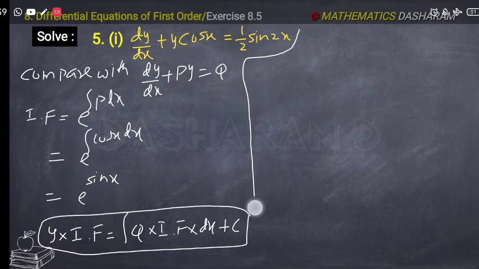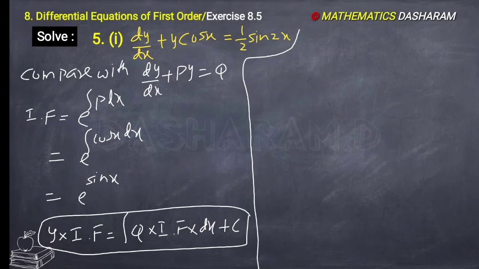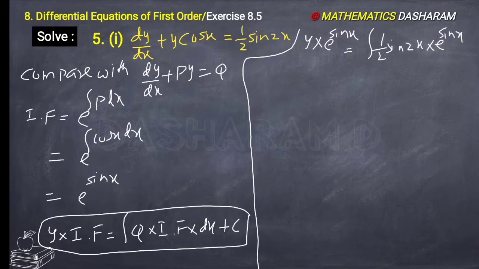So to find its answer, here y into the integrating factor e to the power of sin x equals integration q value 1 by 2 into sin 2x into e to the power of sin x plus c.